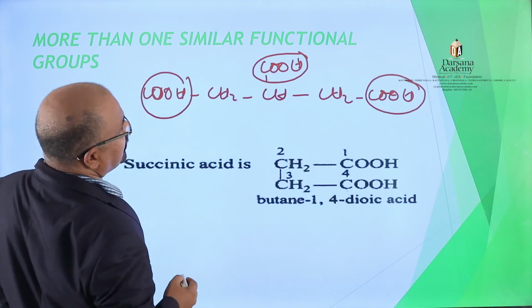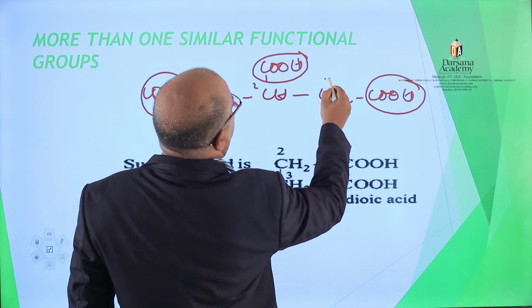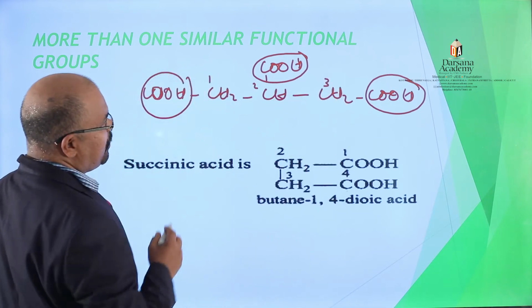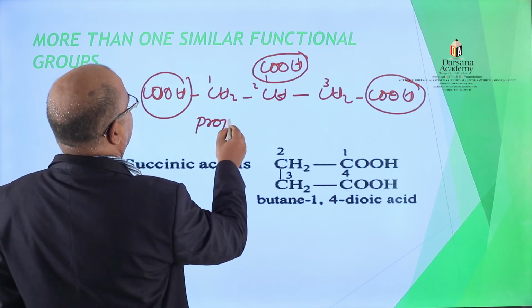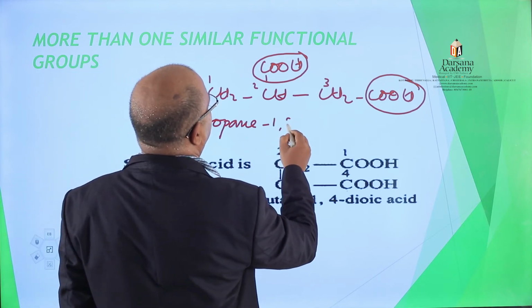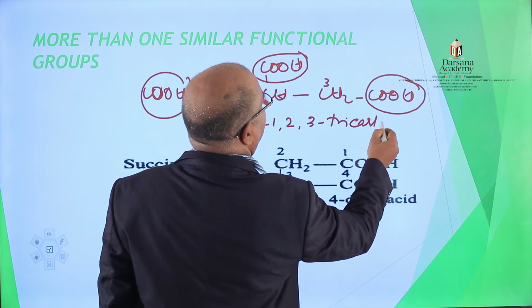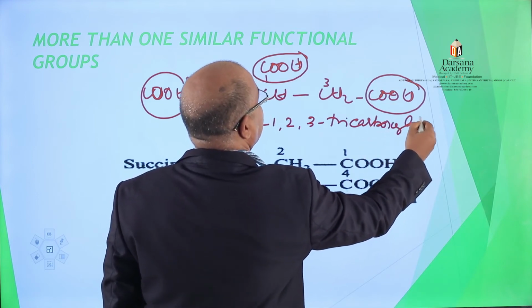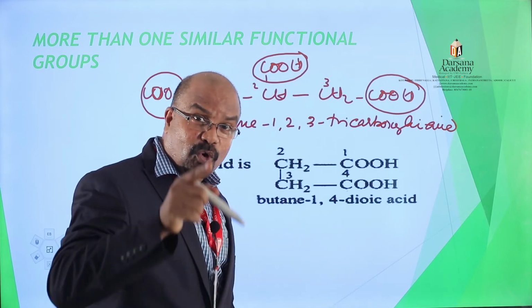So the naming of this compound: 1, 2, 3, the root word is propane. The position is 1, 2, 3-tricarboxylic acid. Tricarboxylic acid, not trioic acid. Only dioic.